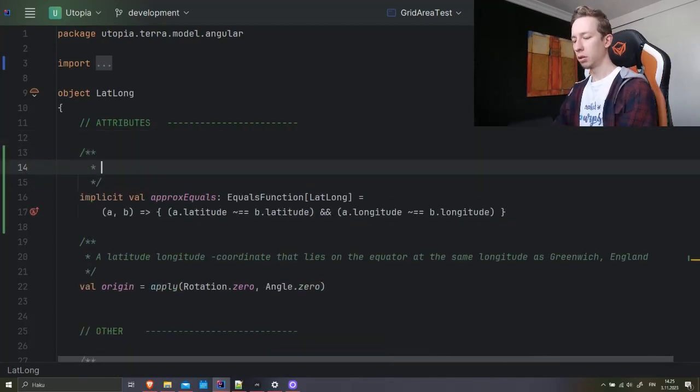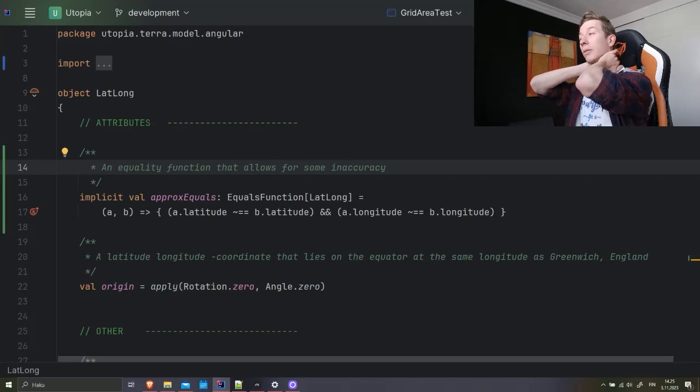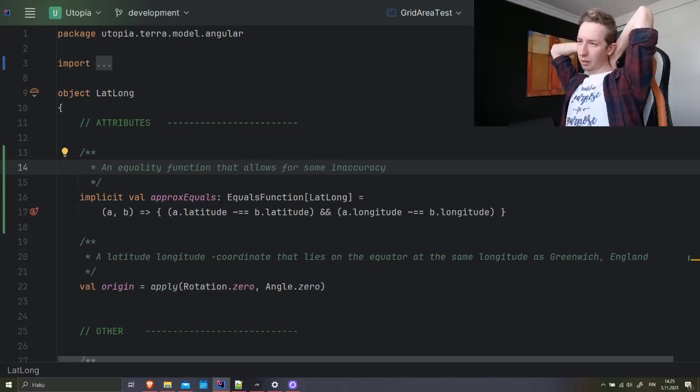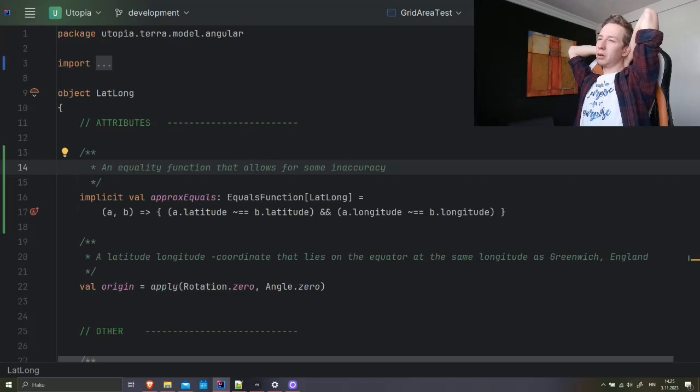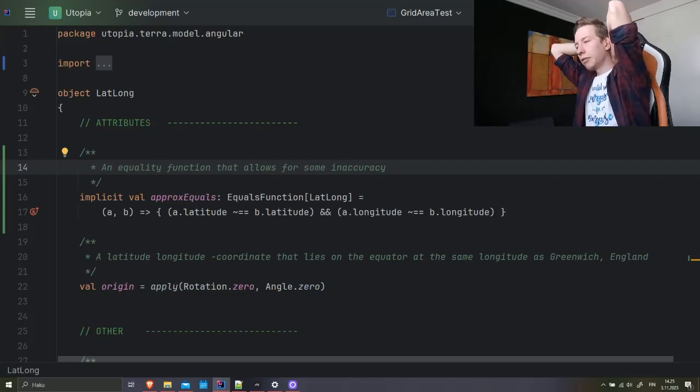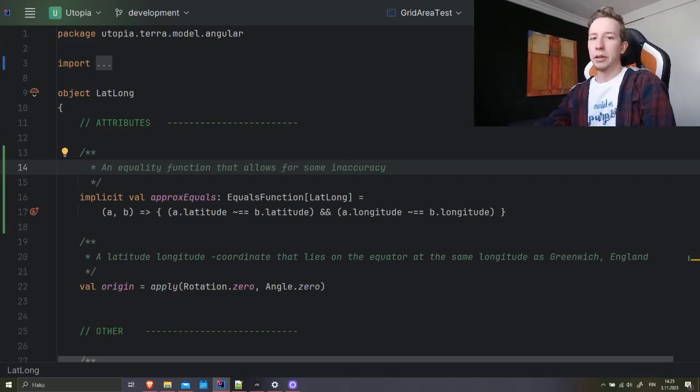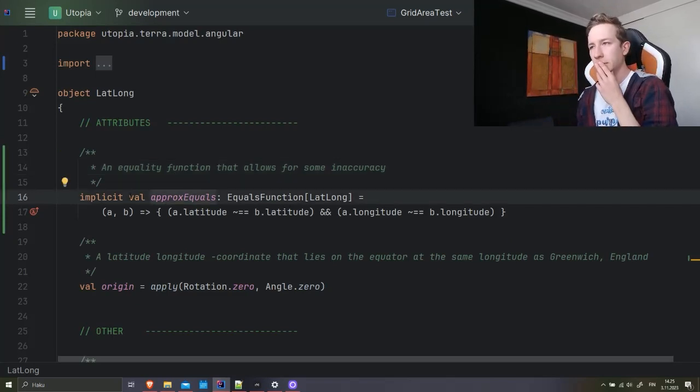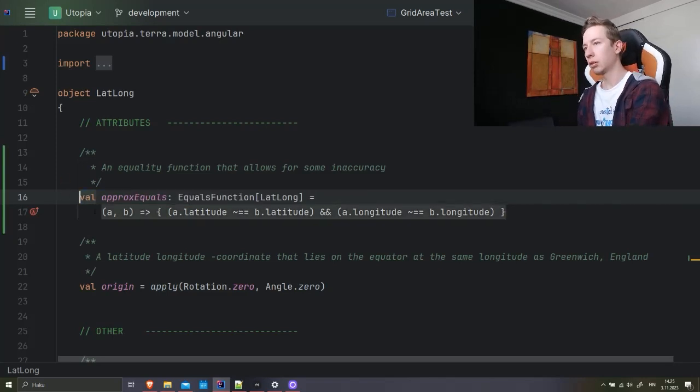So an equality function that allows for some inaccuracy, I guess. I wonder how much inaccuracy that allows for, by the way, because when we're dealing in latitude and longitude, it's very, very precise. But it shouldn't be like, because we can, well, let's not make this implicit at least, because that can cause trouble.